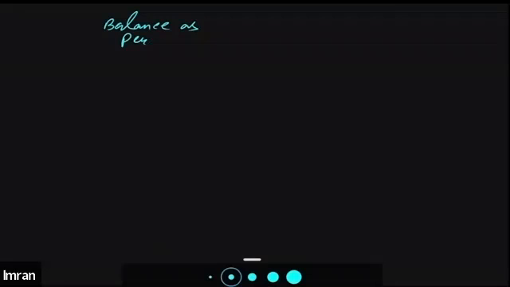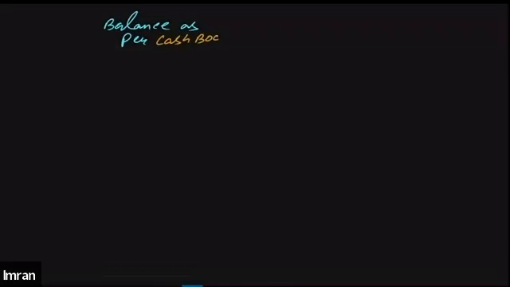So the balance as per the cash book was 5 lakh before the issue of such check.